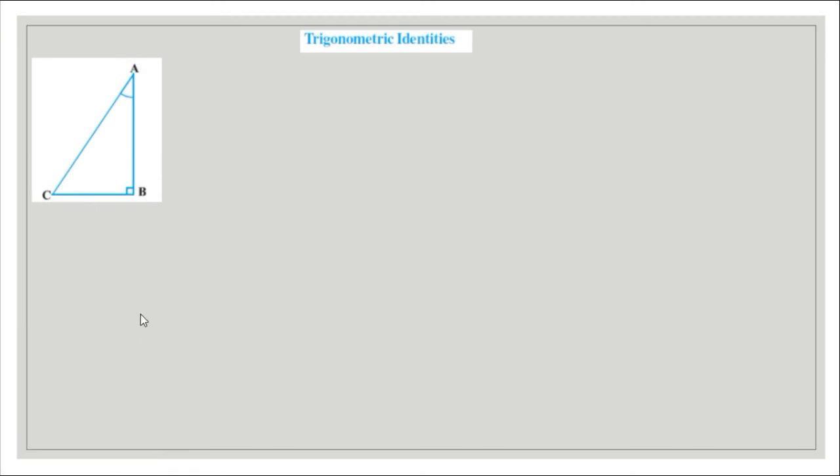In this right angle triangle, we have angle B equal to 90 degree. When angle B is 90 degree, by the Pythagoras theorem, we have AB square plus BC square equal to AC square.